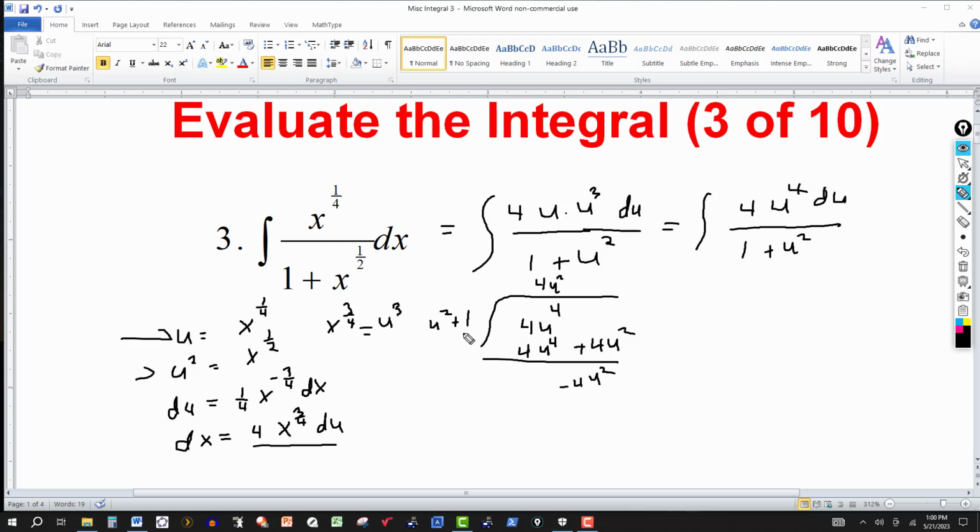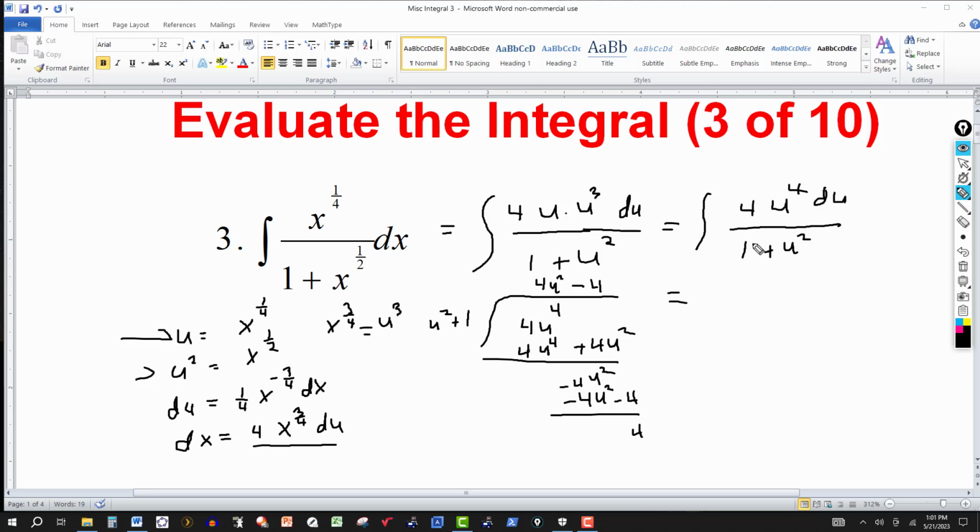And then we proceed, divide again into the remainder here, so u squared into minus 4u squared will give me a minus 4 up here. Multiply the partial quotient times the divisor, give me a minus 4u squared, and then times the minus 1 will give me a minus 4. Subtract here, the minus 4u squared and the minus 4u squared cancel, and then subtract the minus 4, we get a plus 4.